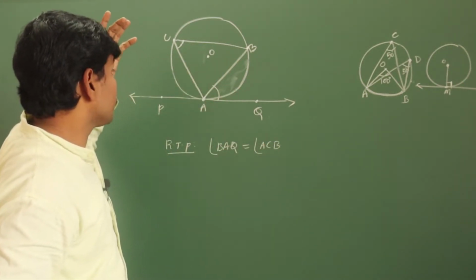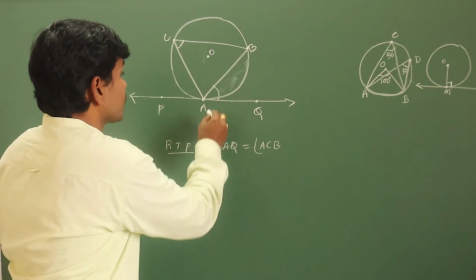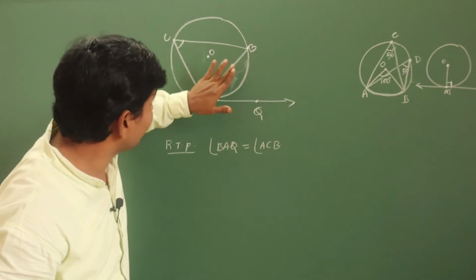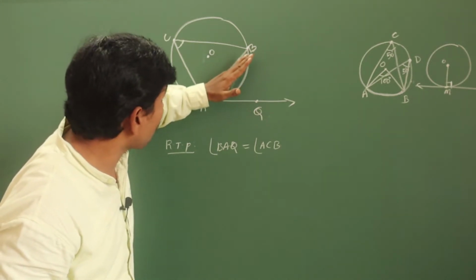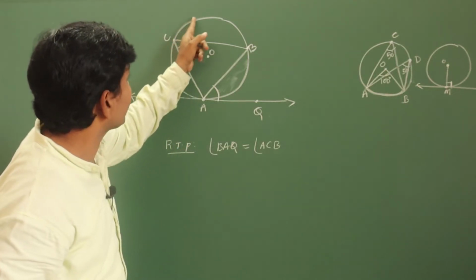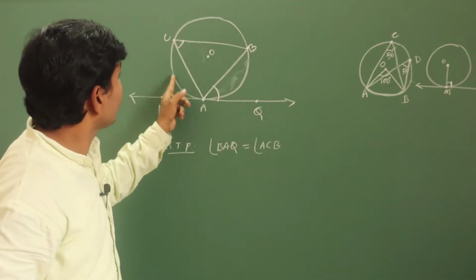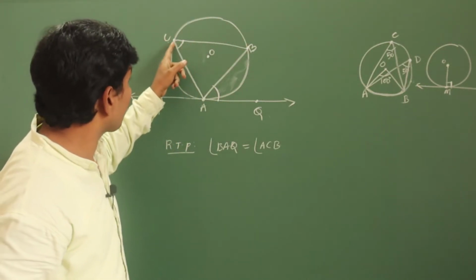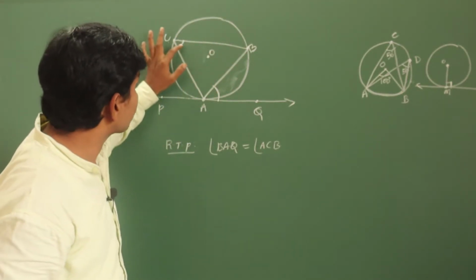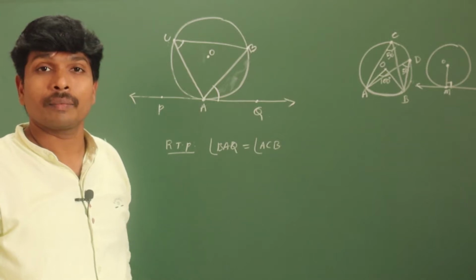This angle BAQ is on which side? Minor segment side. Definitely its alternate segment is the major segment. In the major segment, on this remaining arc, wherever you take a point, that angle is definitely equal to this angle.